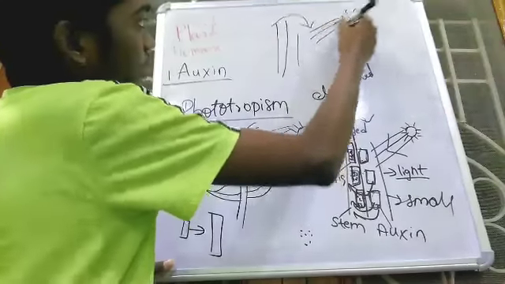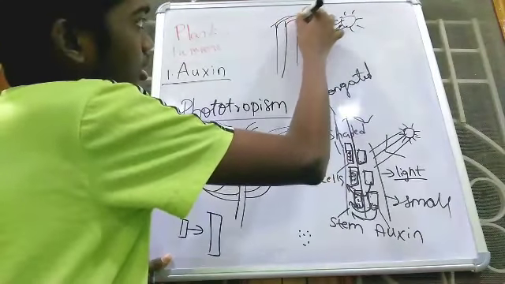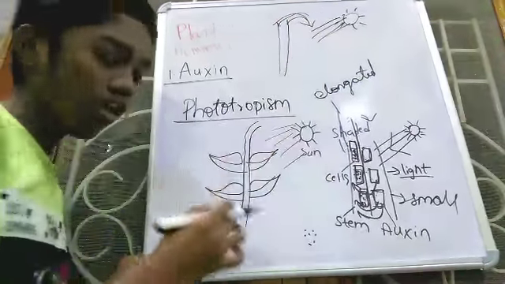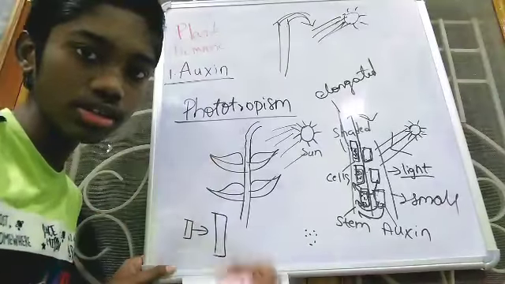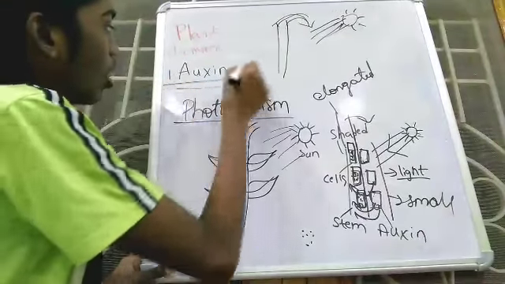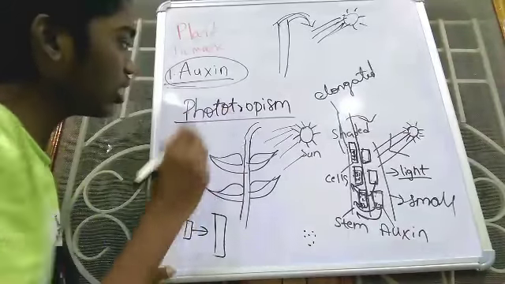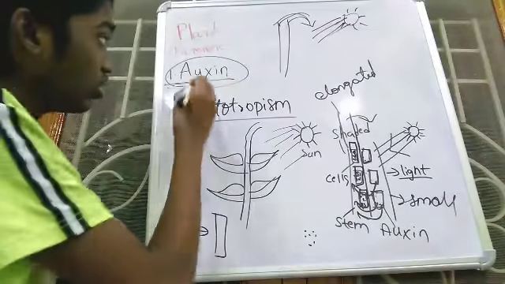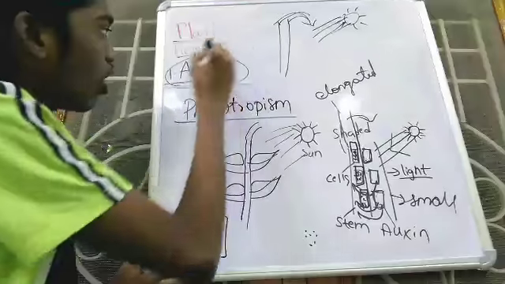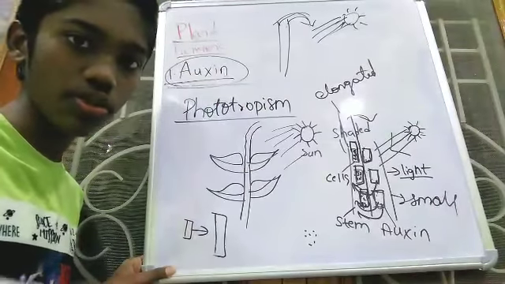So this process of bending of the plant stem towards the sunlight by the hormone auxin that is generated within the plant is called phototropism. So here the plant hormone auxin plays an important role in the process of phototropism.